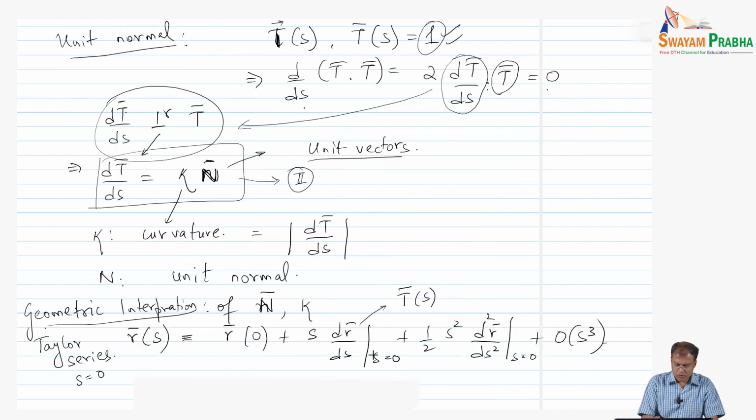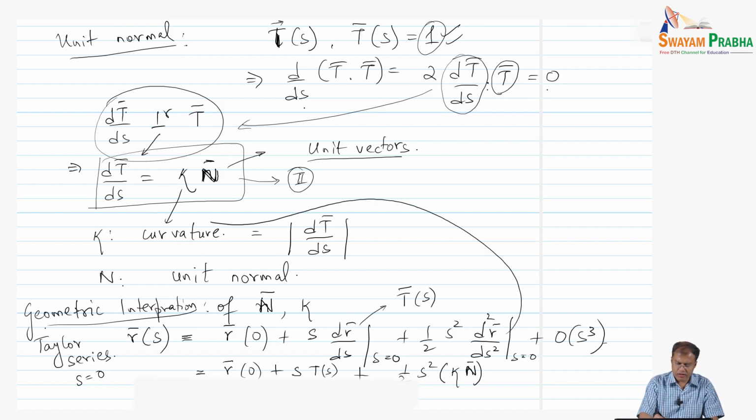Okay. So now the result says that this is r of 0 plus s times t of s, the unit tangent vector, plus half s squared d2r/ds2. We see that this is going to be kappa times n. Why? Because d2r/ds2 is nothing but dT/ds, so we replace it with kappa times n.